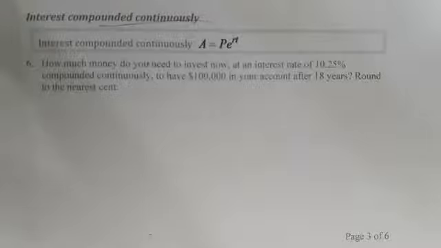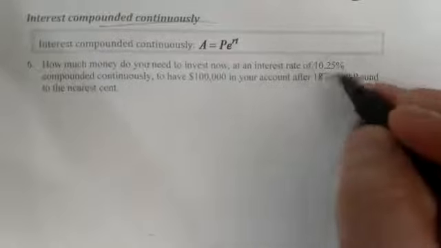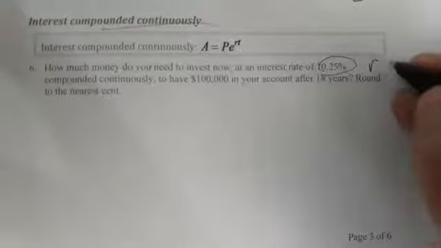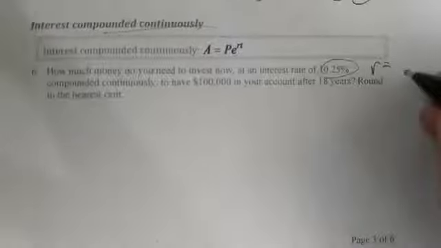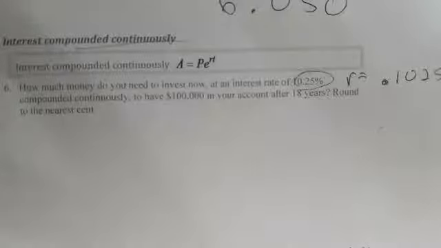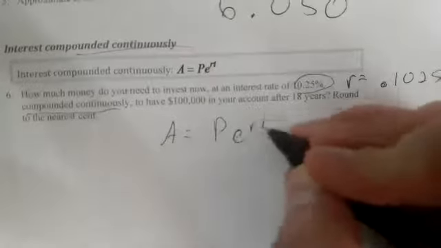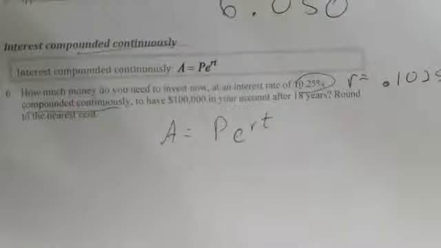So this one is a little different than the ones that we did previously. Interest rate is 0.1025, or 10.25%. It is compounded continuously. So the second you see this, I want you to think in your head A equals PERT, A equals P E to the RT. You want to have 100,000 in your account after 18 years.